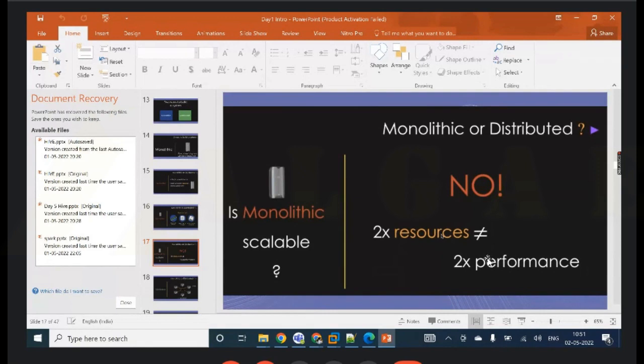किसको समझ में आया वो बताओ। सर मेरे को समझ आ गया। क्या समझ में आया, समझाओ। सर मोनोलिथिक एक पावरफुल सिस्टम है, but it has its disadvantage, the main disadvantage is that after a certain point, it's hard to add resources after a certain limit.